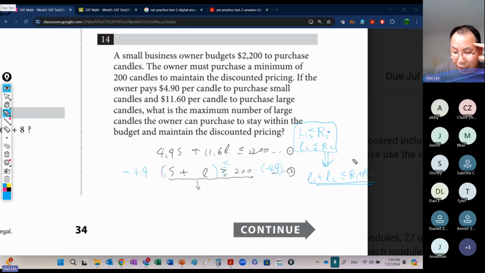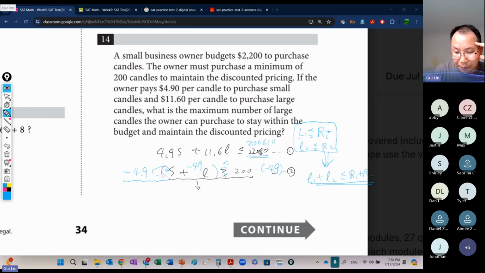Okay, so use this kind of rule here. You can see when this is distributed inside, it is negative 4.9 S, negative 4.9 L, right? Right part is 200 times negative 4.9. And for this part, I do a small transform, 200 times 11.